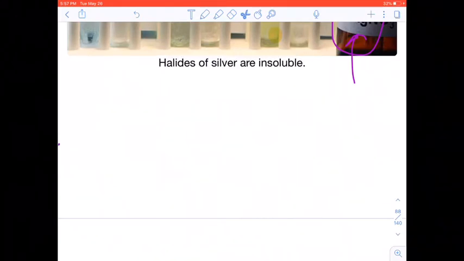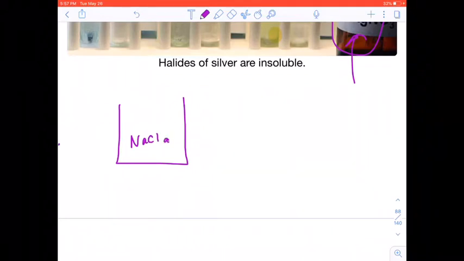We want to know, have we got a chloride in here? The chloride could be sodium chloride, potassium chloride, or magnesium chloride.